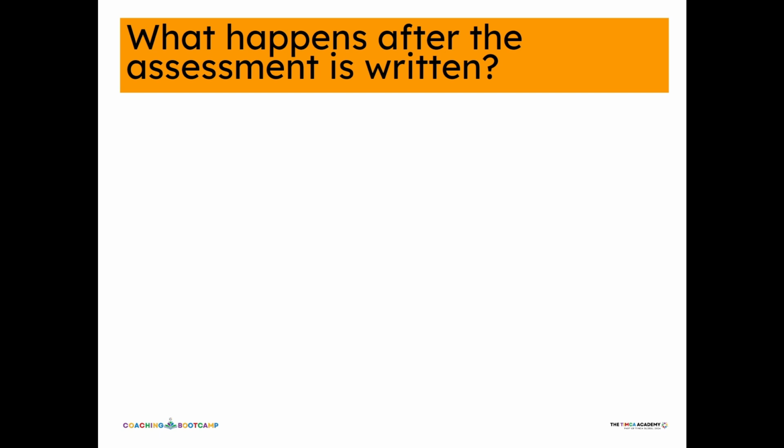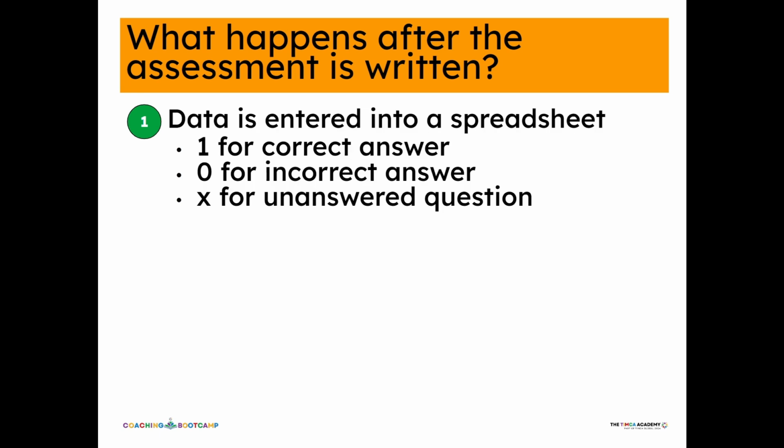Let's find out. So first of all, the data from the written assessment is entered into a spreadsheet in a very, very simple format. A 1 is entered for a correct answer, 0 for an incorrect answer, and an X for an unanswered question.